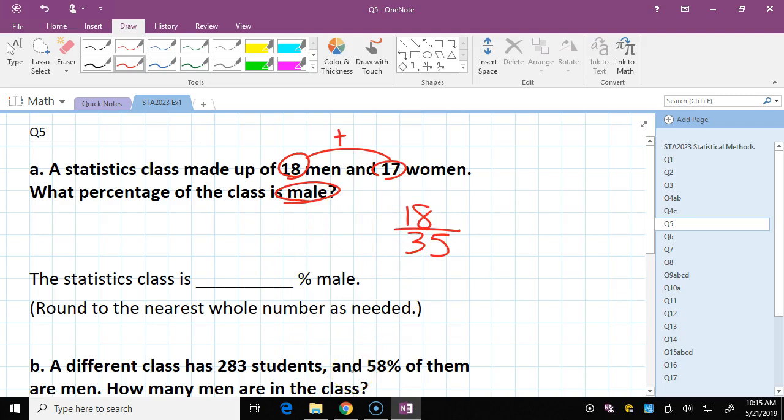Then all you need to do is do the division and round to the nearest whole number. Make sure that when you're on that computer, you read that fine print right below some of your blanks, because it's going to tell you how to do the rounding. So you jump into your calculator, you take 18 divided by 35, multiply it by 100, and round accordingly to what?